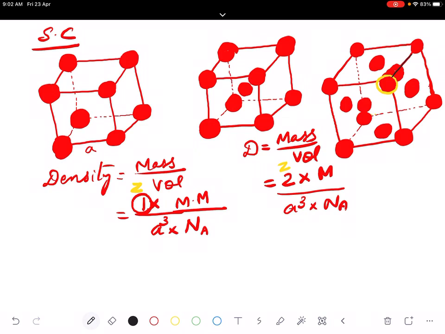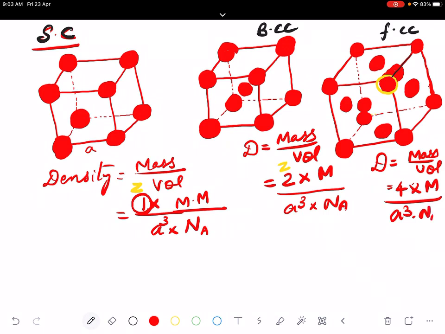So altogether, the total number of atoms in this FCC unit cell, this is FCC, this is BCC, this is simple cube. So in the case of FCC unit cell, the density D is equal to mass upon volume. How can we write the mass? That is 4. The number of atoms in FCC is 4, into the molar mass, upon A cube Na. So generally we can say density is equal to Z M upon A cube Na.